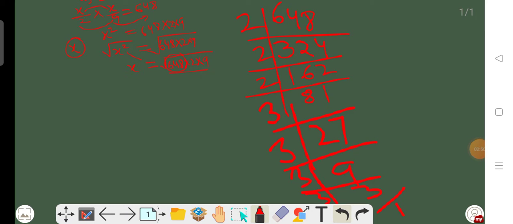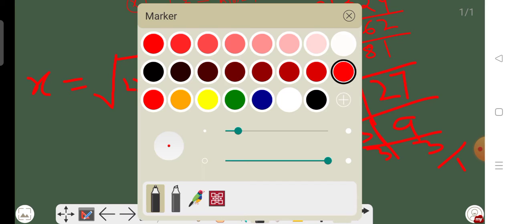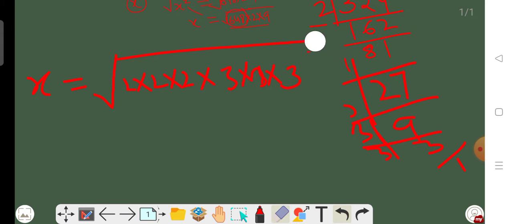Okay. So we can write x equal to under root 2 multiplied by 2 multiplied by 2 multiplied by 3 multiplied by 3 multiplied by 3 multiplied by 3 multiplied by 2 multiplied by 9.